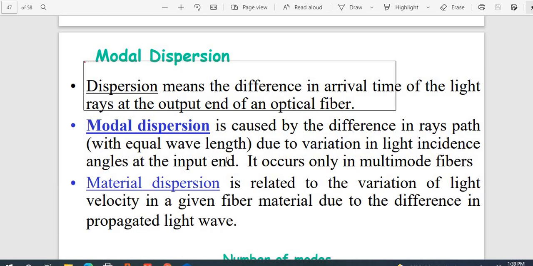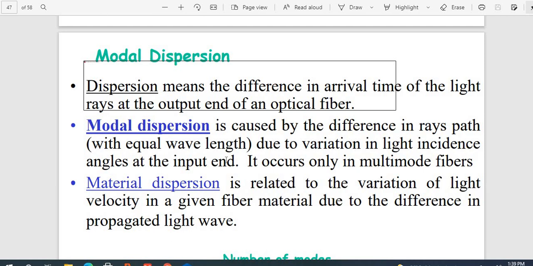Next we have modal dispersion. So what is the meaning of dispersion, students? Dispersion means the difference in arrival time of the light rays at the output end of the optical fiber. When we have a difference in the output rays arriving from the fiber, that is called dispersion. So what is modal dispersion? Basically, modal dispersion is caused by the difference in ray paths with equal wavelength.